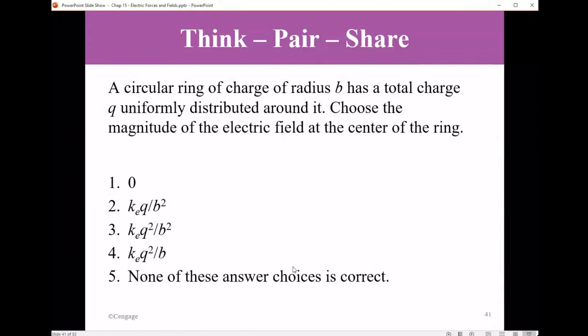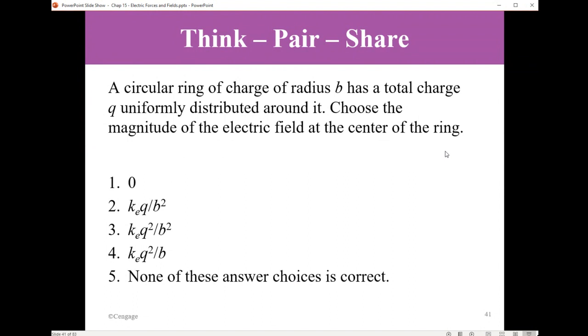A circular ring of charge of radius b has a total charge q uniformly distributed around it. Choose the magnitude of the electric field at the center of the ring. Think of the symmetry.